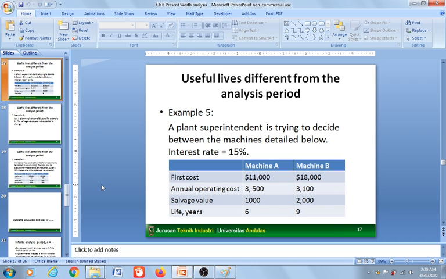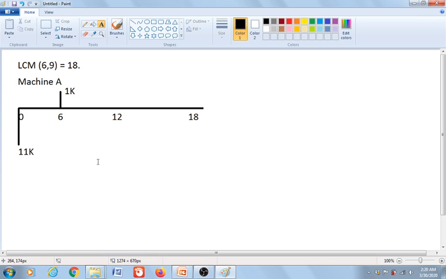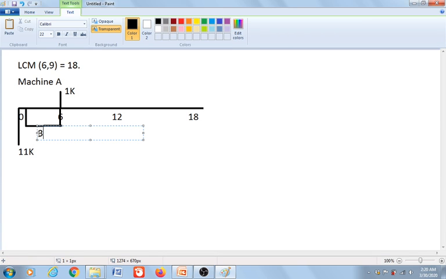The annual operating cost is 3,500. So we will have the operating cost starting from year 1 till the end of year 6. This is 3.5k.